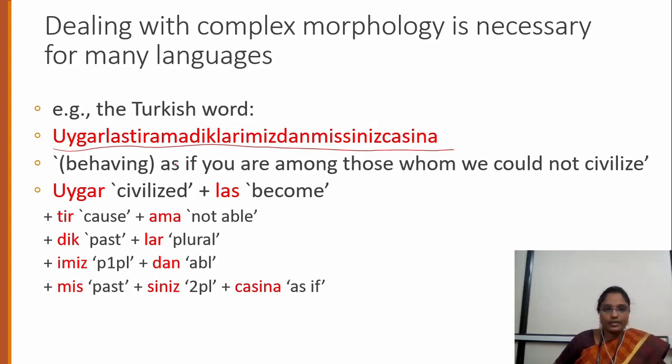Similarly here also we have a very long word which doesn't have any space, but the meaning is different for each part of the word. So based on that, the morphemes have to be identified carefully, and the stemming has to be done properly.